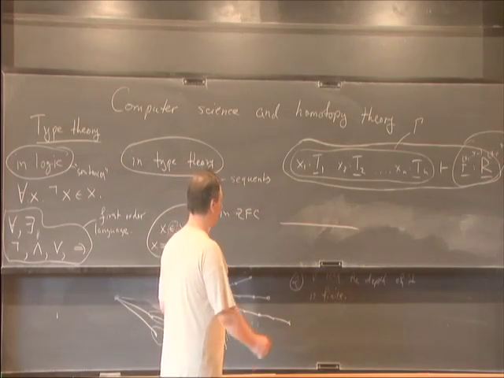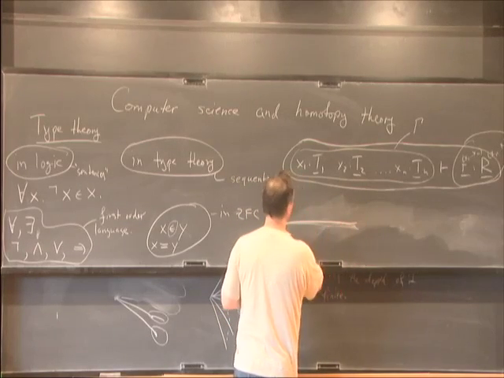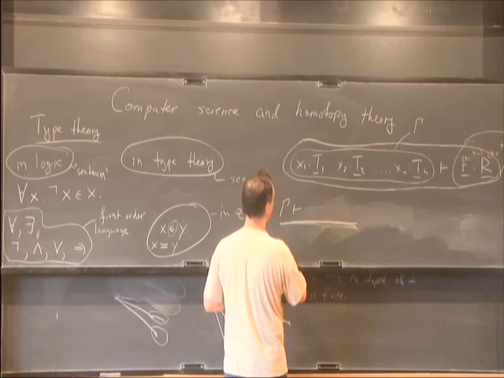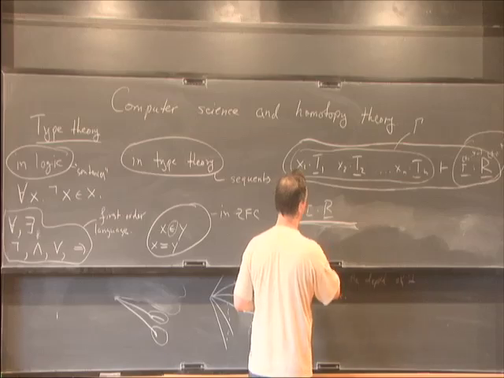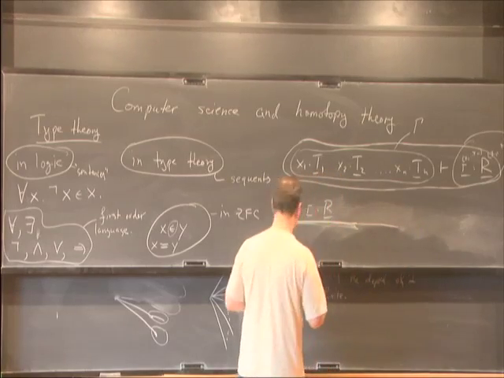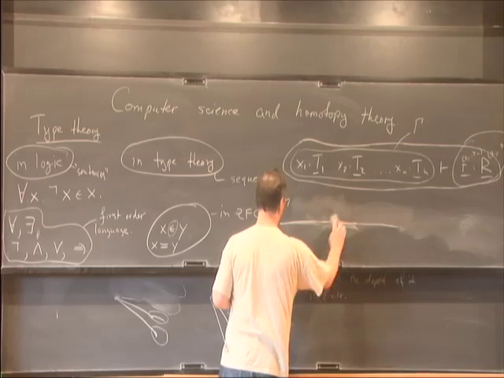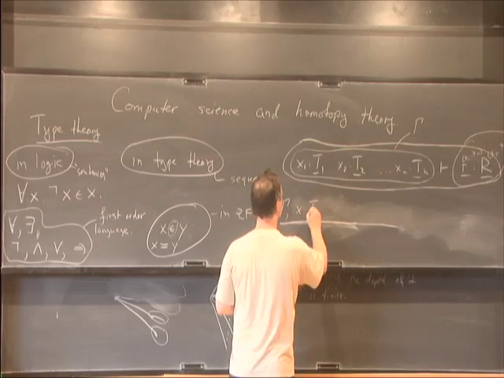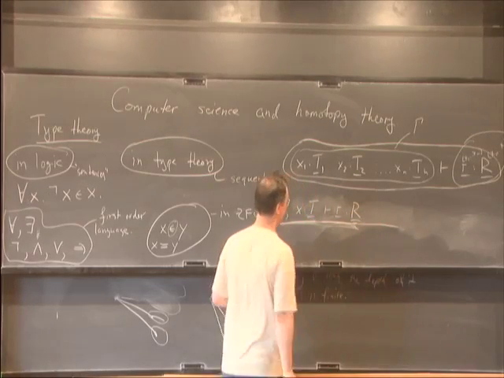The typical construction would be the construction of a dependent product, for example. Suppose gamma consists of this, and then I have this.